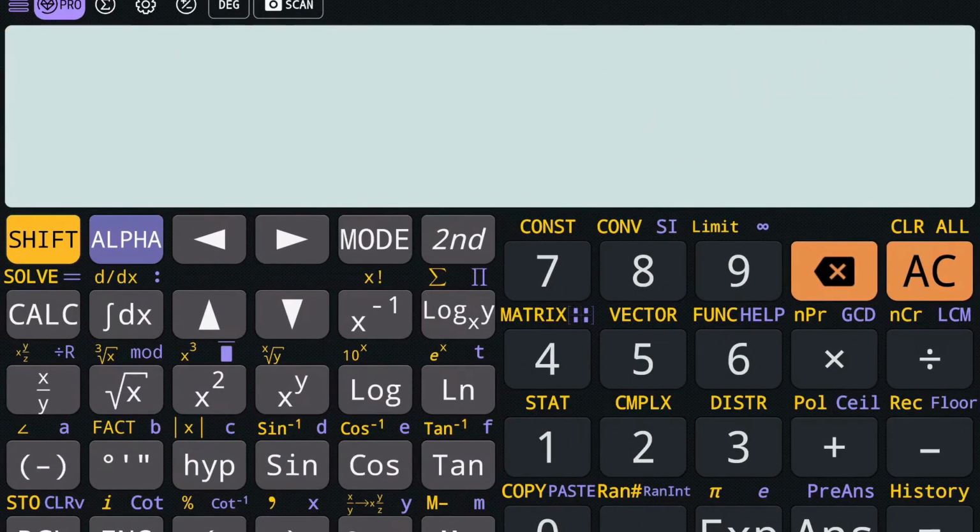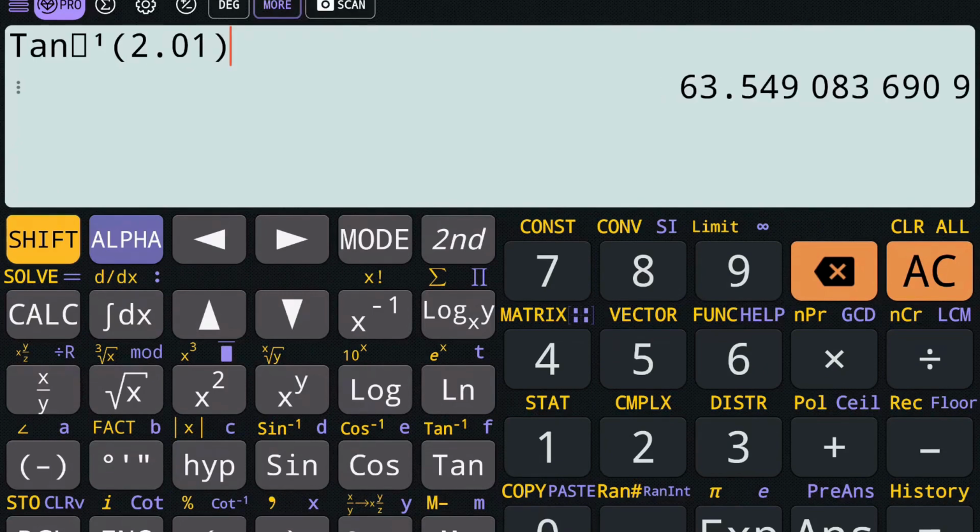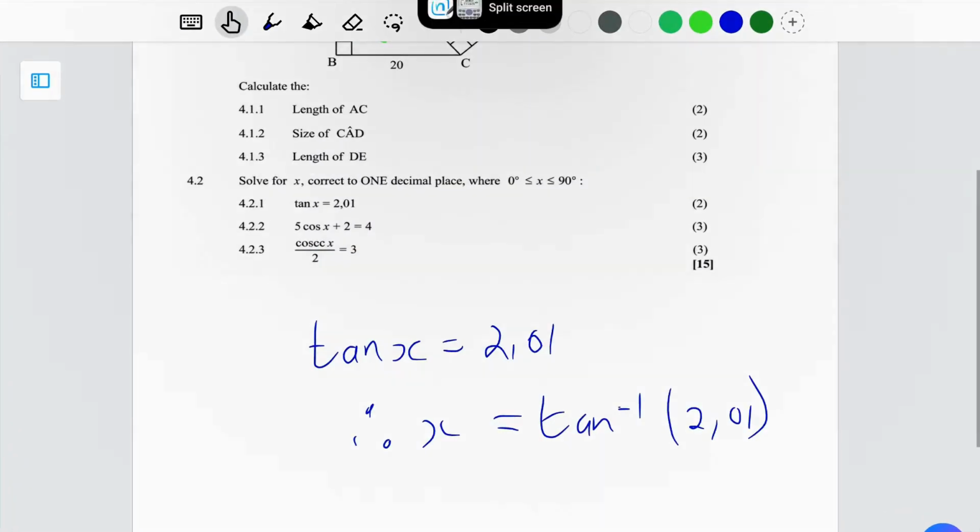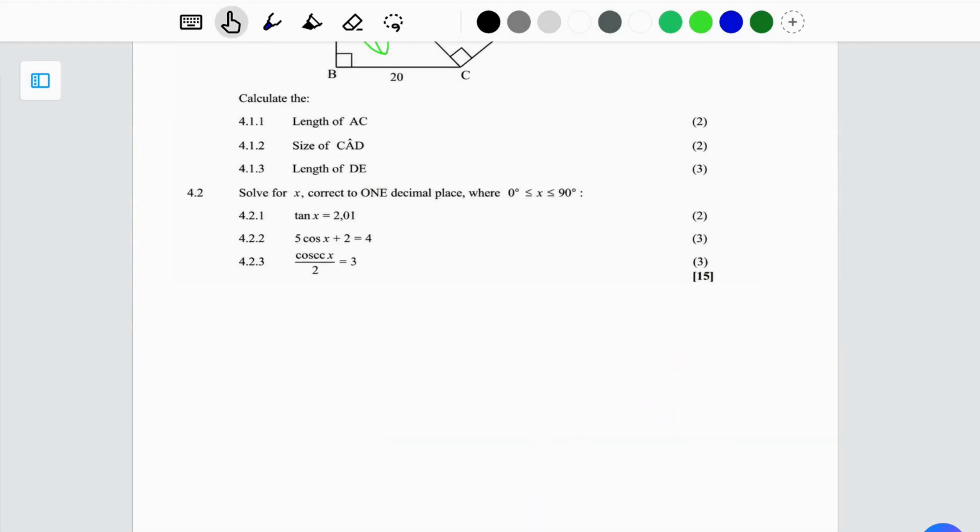We're going to say shift tan of 2.01, and we get an answer of 63.55. They said 1 decimal place, so 63.6, okay? So we say therefore x equals 63.6, okay?